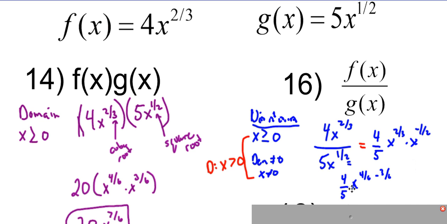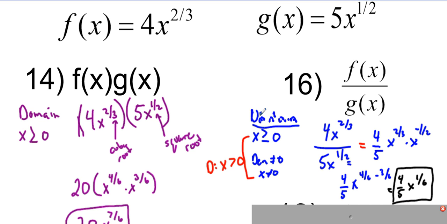And what is our simplified answer going to be? Let me change my color, we'll make it black. We'll have 4/5 x to the 1/6 power, and that is going to be our simplified answer.